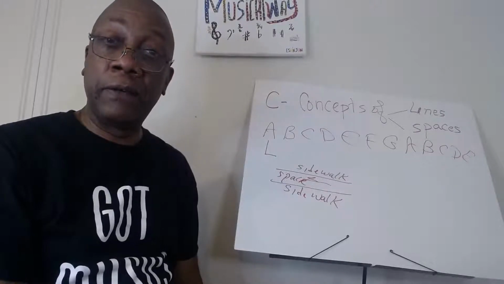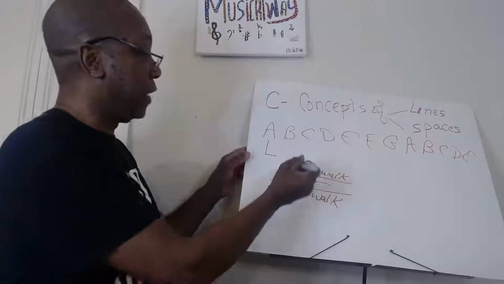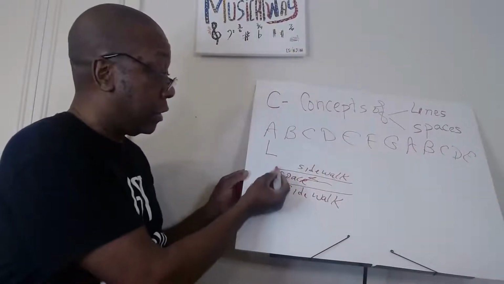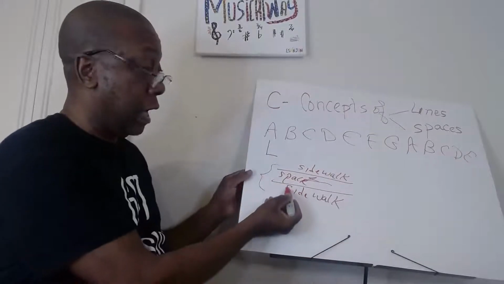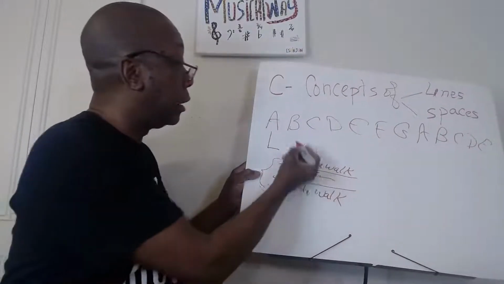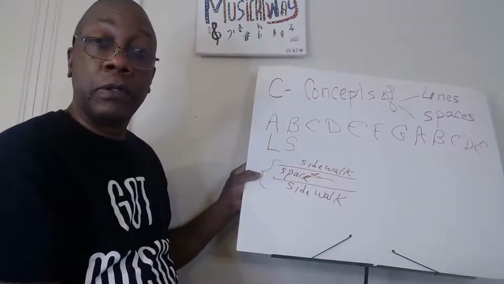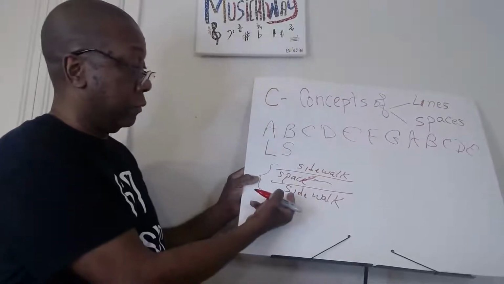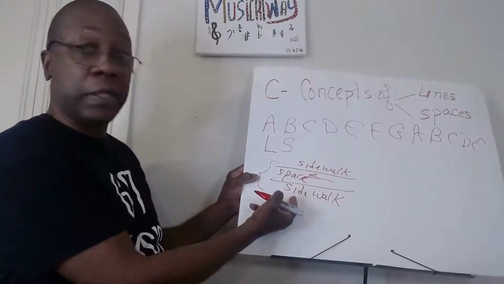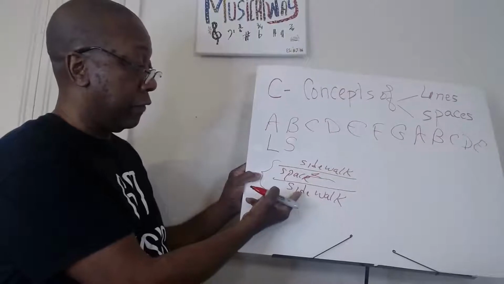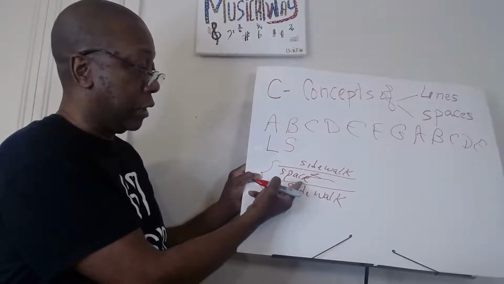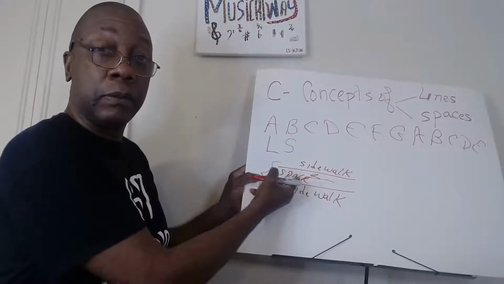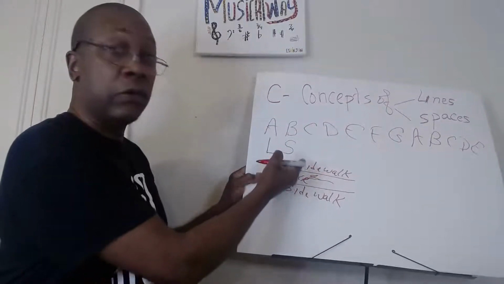You will only have to practice. So this is what I have. If A is a line, so what happens next? According to my concept of crossing the street, I have to skip a space. That will be an S. I can use the abbreviation S for space. And then where's the next line? According to my crossing the street concept, after the sidewalk, I cross the space, which is where the cars commute, and then I go to the next space.